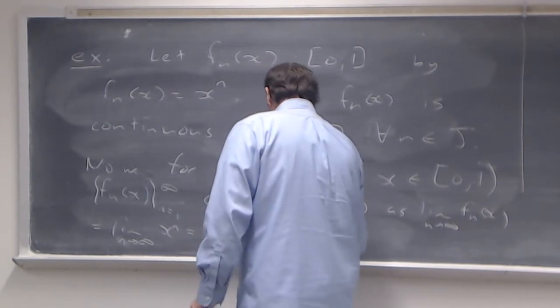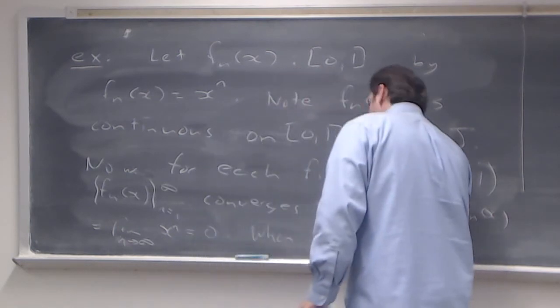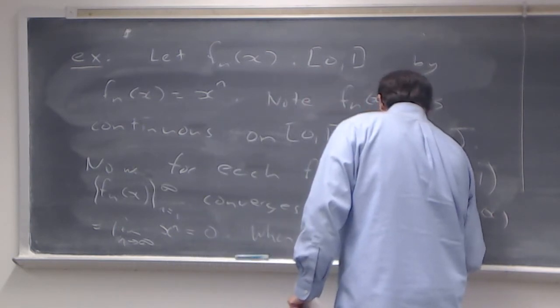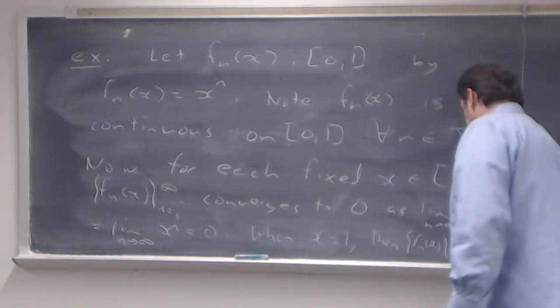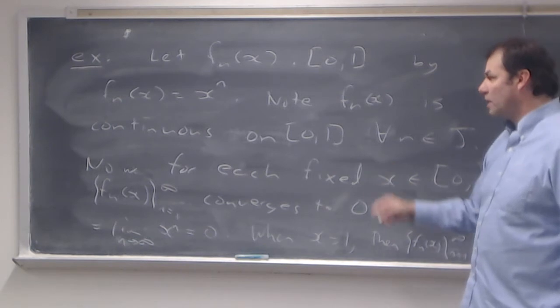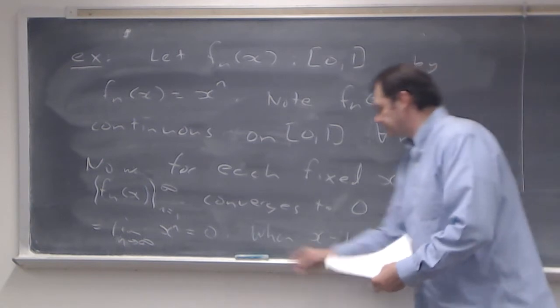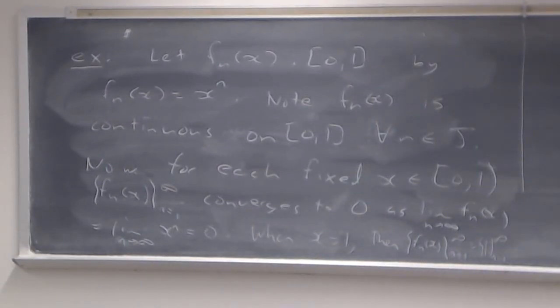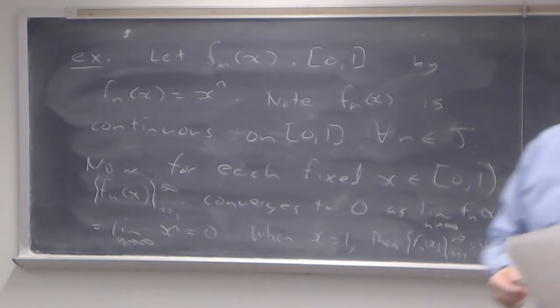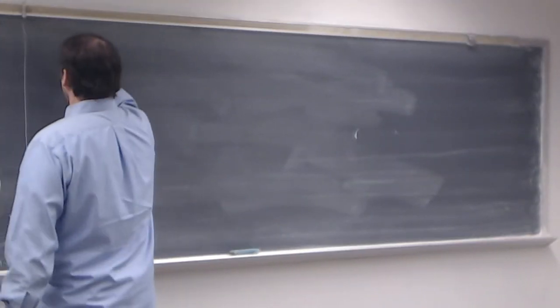Now, when x equals 1, then it's pretty clear that f sub n of 1 is 1 to the n, so that's just the sequence that's always 1, and so that converges to 1.